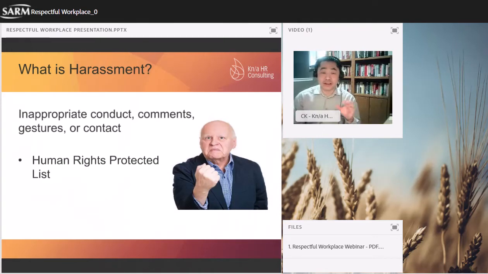And this list has a string of areas. It includes areas such as religion, creed, marital status, family status, sex, sexual orientation, disability, whether it's mental or physical, age, color, ancestry, nationality, place of origin, race or perceived race, receipt of public assistance, and gender identity.